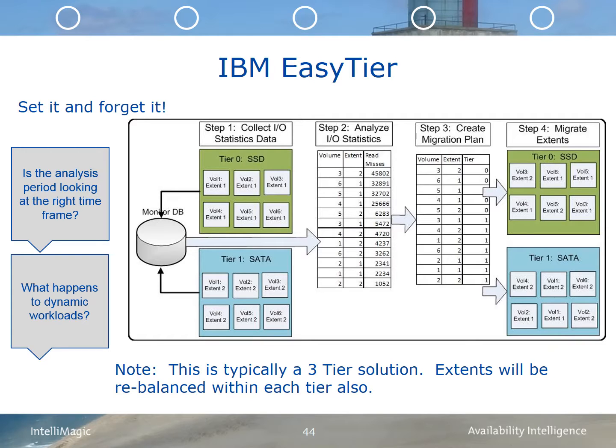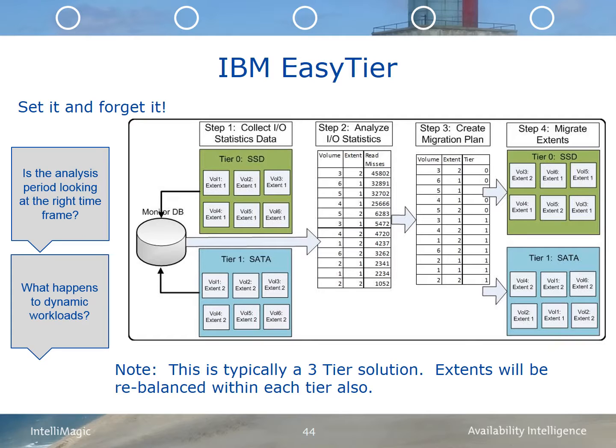So what happens is that a process runs, it collects statistical data about the extents, so how much read-miss activity is happening on the extent level. That data is collected and analyzed and sorted, and a plan is created to migrate the hottest extents to the highest tier.